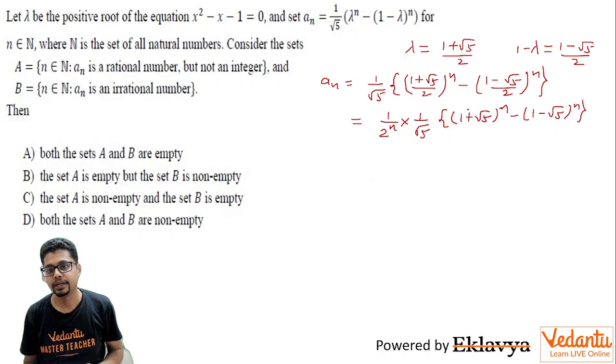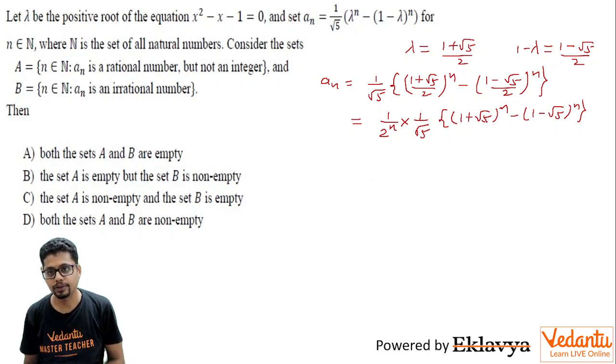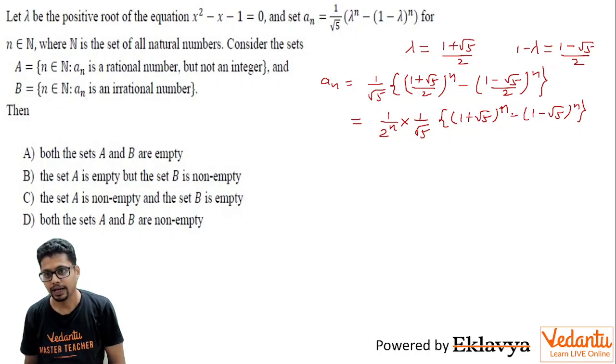I mean to say, in the binomial expansion of (1 plus root 5) whole to the power n, if an odd power is given to root 5 and the same odd power is given to minus root 5, the odd power of minus root 5 would be negative, and since there is a minus sign in front, it becomes positive.